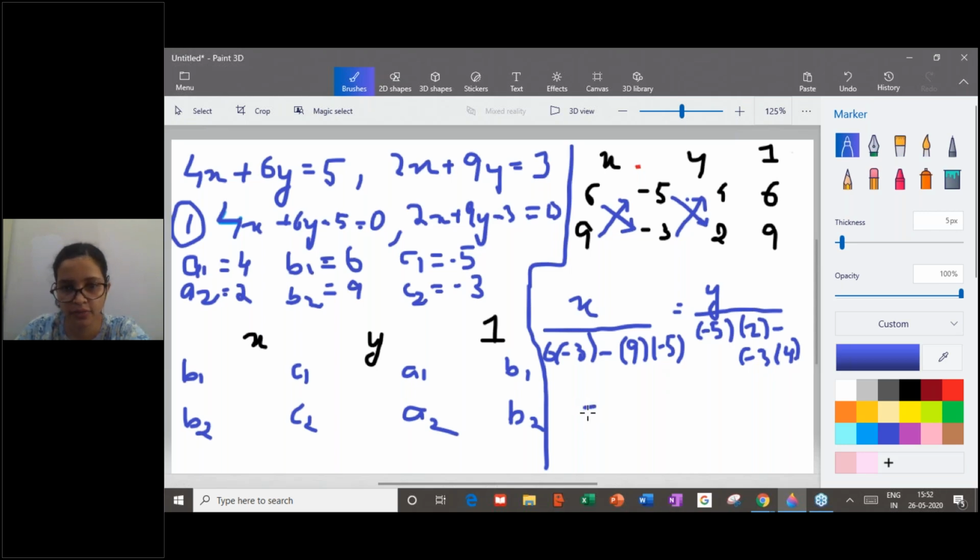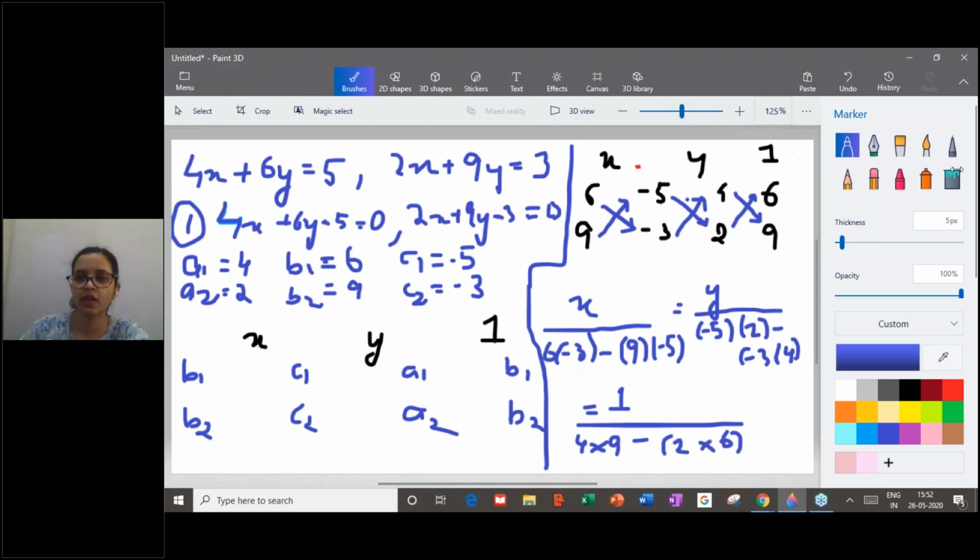So it will be equal to 1 by, this will be 4 into 9 minus 2 into 6. Right? Got it?